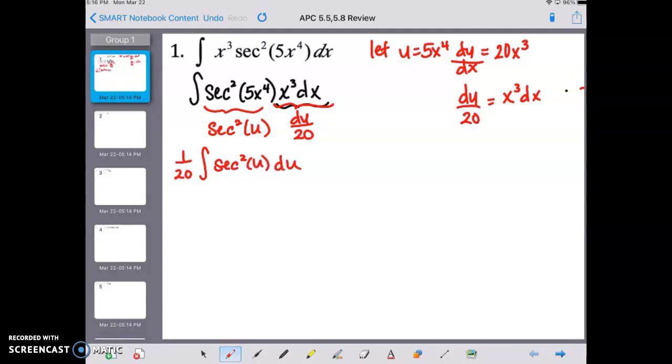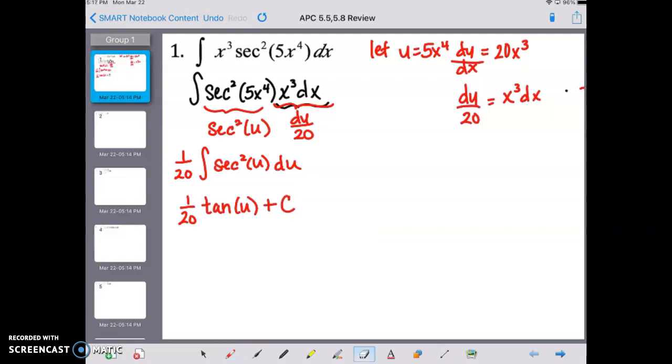And now, if I'm trying to find the antiderivative of secant squared, I just have to think to myself, what is secant squared the derivative of? And the answer is, secant squared is the derivative of tangent. So my antiderivative here is going to be 1 over 20 times tangent u plus c.